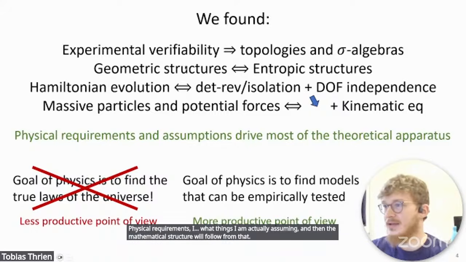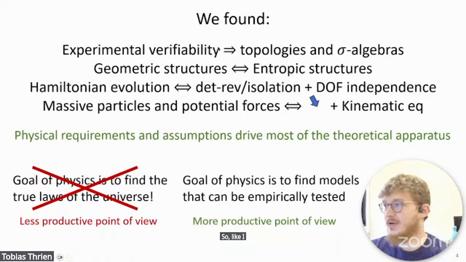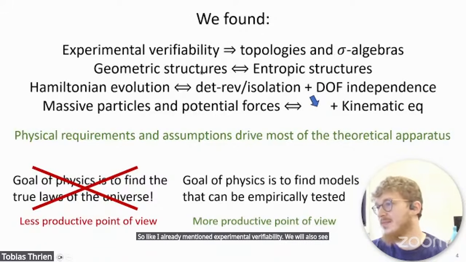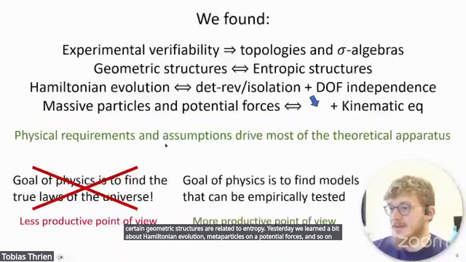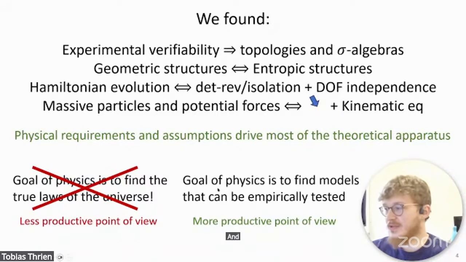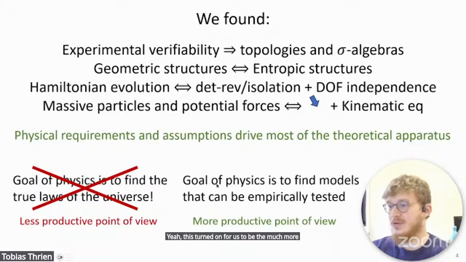Like I already mentioned, experimental verifiability. We will also see that certain geometric structures are related to entropy. Yesterday, we learned a bit about Hamiltonian evolution, matter particles under potential forces, and so on. This turned out for us to be the much more productive point of view. So we are not really interested in a theory of everything.